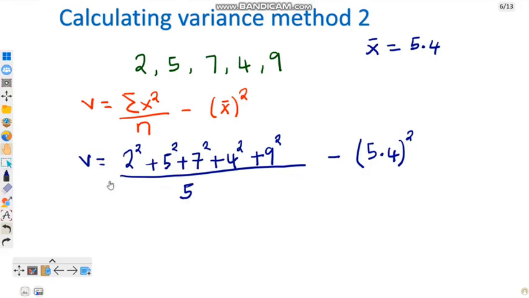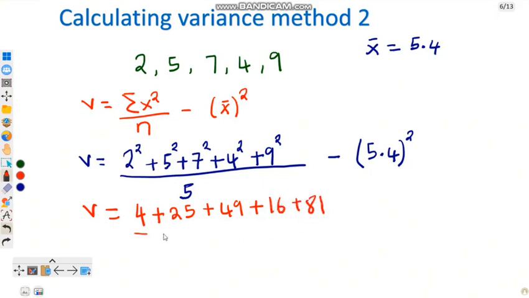So from here, variance is equal to 2 squared, which is 4, plus 25, plus 49 plus 16 plus 81, over 5, minus 5.4 squared.